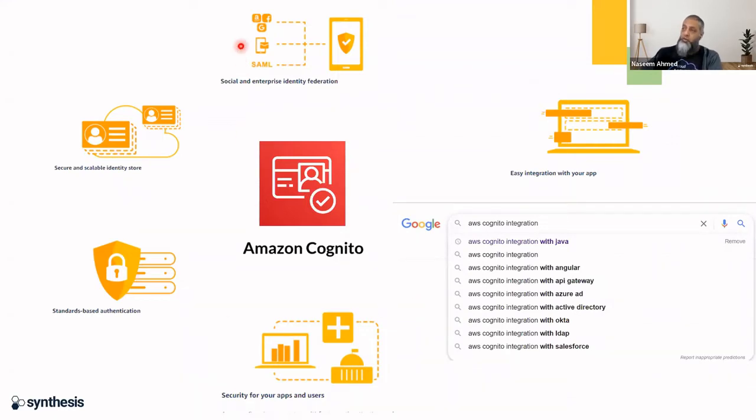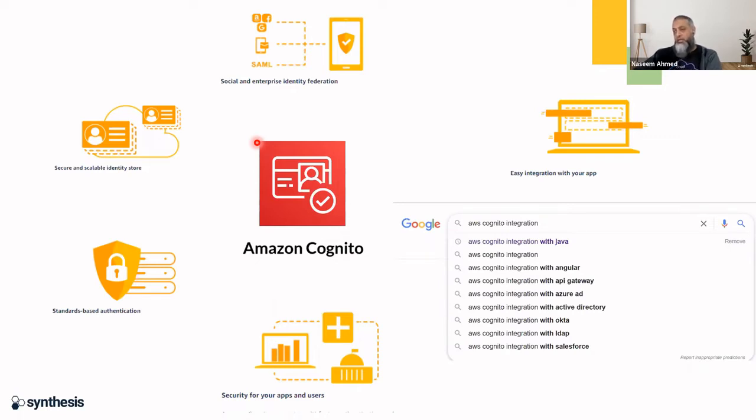You then, out of the box, have the ability to provide third-party social identity providers and enterprise federation. So you could use Apple, Google, Facebook, Amazon, or any other SAML provider to access your application.